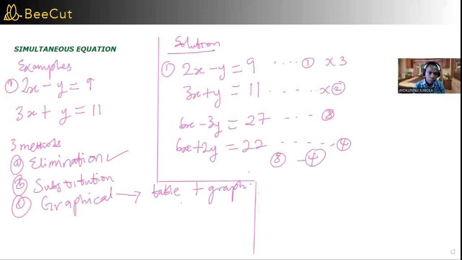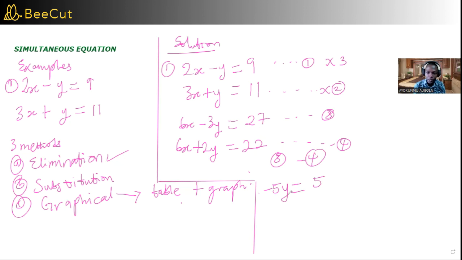So 6x minus 6x gives me 0. Then I have minus 3y minus 2y. So minus 3 minus 2 gives me minus 5. So I can say this is minus 5y that remains. Then equals 27 minus 22 is 5. 27 minus 22 is 5.